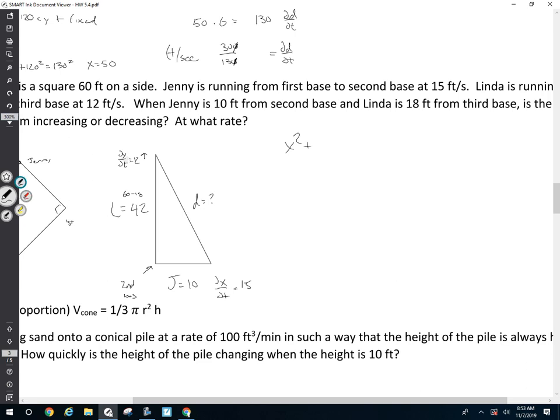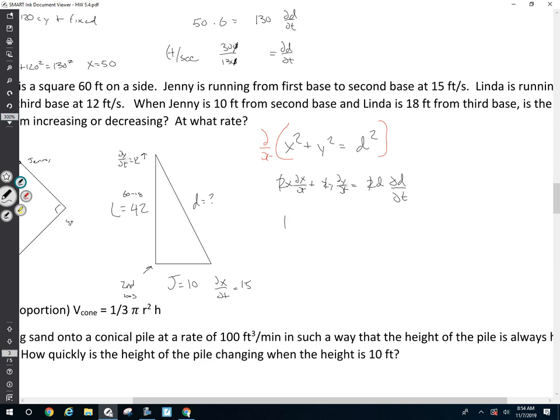So I'm going to use my Pythagorean theorem, but I can't plug in anything because everything's changing. I have to take the derivative of it and leave it as what it is. Okay, the 2's cancel.